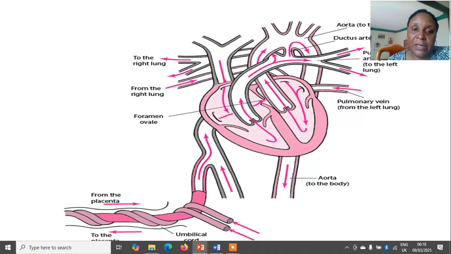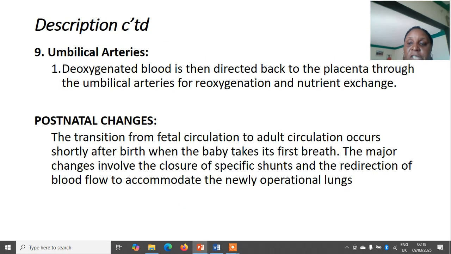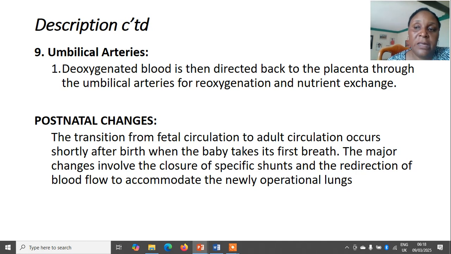So after that, what may be the postnatal changes? Which may be the changes which occur immediately when the baby starts to breathe? We are saying that the transition from fetal circulation to adult circulation occurs shortly after birth when the baby takes the very first breath.